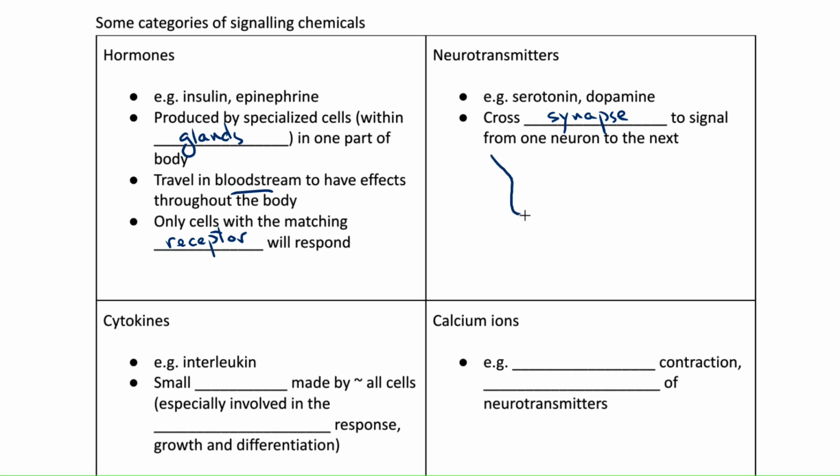We'll look at this in more detail in the lessons on neurotransmission, but if this is the end of one neuron, there would be a vesicle here with some neurotransmitter in it, and when the signal gets to the end of the neuron for these to be released, and we'll look at how that happens in another lesson, then the neurotransmitters are released into this gap called the synapse or the synaptic cleft, and then they bind to receptors on this neuron after the synapse called the postsynaptic neuron and trigger an effect in that neuron. So neurotransmitters are another class of signaling chemical.